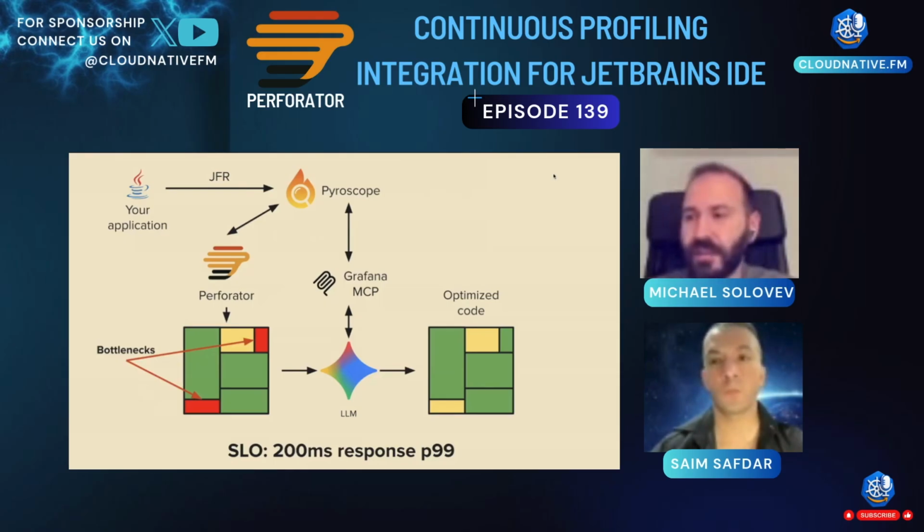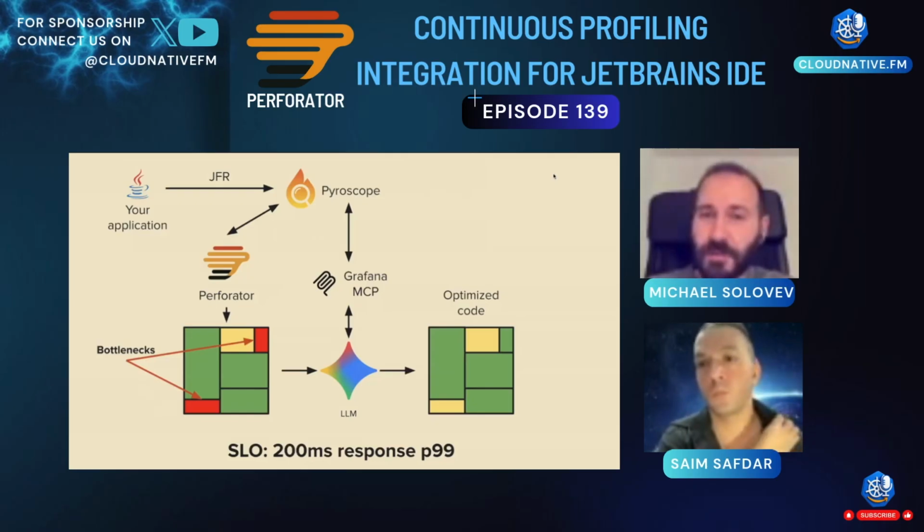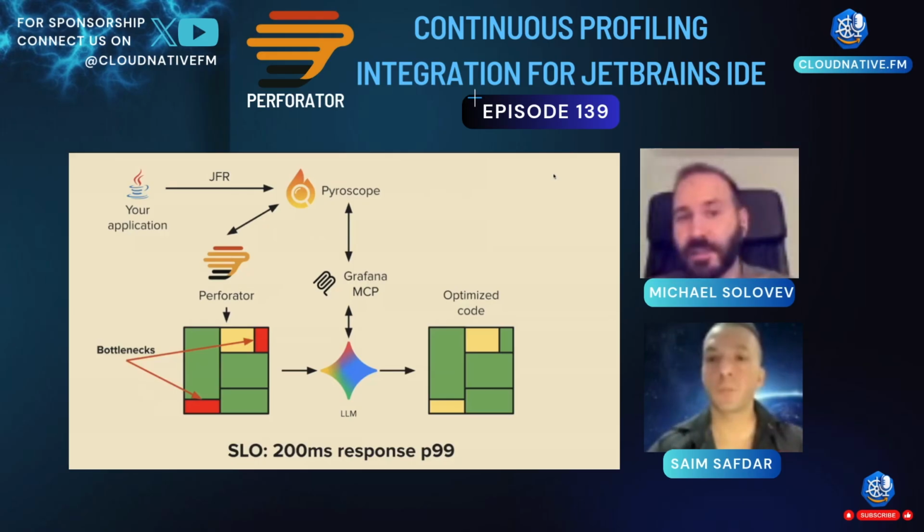Then Claude Code or Junie will connect to the Grafana MCP server and request all the additional related information from Pyroscope, because there could be some methods which are related but not in the original prompt, and the MCP server is exactly for this case, to get the related context. And then it's a job for your AI agent to refactor the code to improve the performance of this specific method or couple of methods.